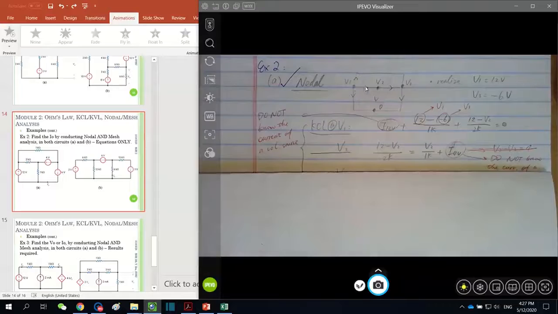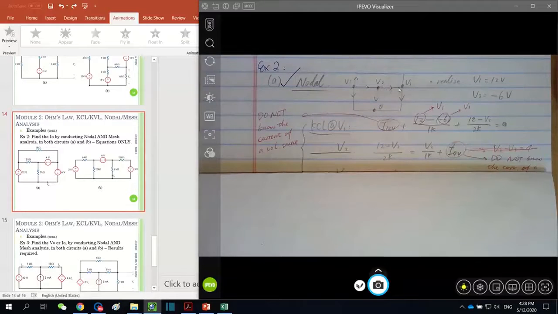Next, let's talk about the KCL at node 2. First of all, this current has been obtained from the previous equation, so we just copy it here. It is the current entering node 2. It equals the sum of the two currents leaving it. The current flowing through this 1 kilo ohm downwards equals V2 minus 0 divided by 1 kilo ohm.